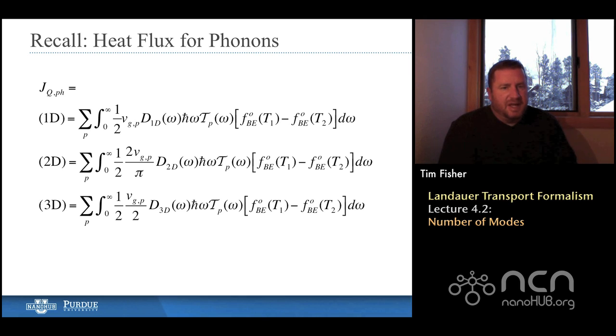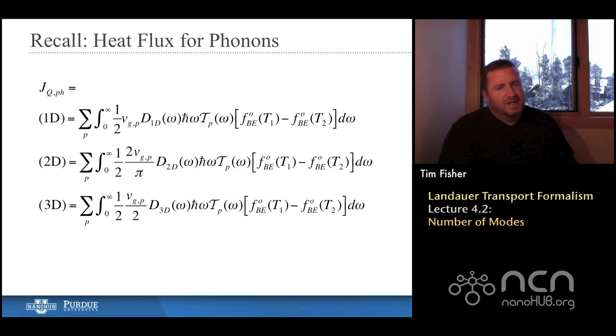We finished the last lecture talking about heat flux for phonons and electrons, and I'm showing here the expressions for phonons. And so this is the heat flux. Again, that's heat flow rate per unit area, whatever area means in the dimensionality. In 3 dimensions, it's the area that we're used to thinking about, but in 2D it would be a line length, and in 1D there is no such thing as area. But we expressed this integral as a collection of terms, and we did it very intentionally.